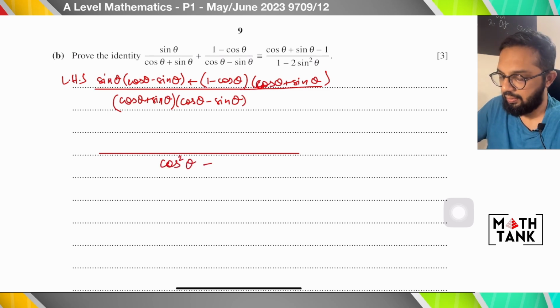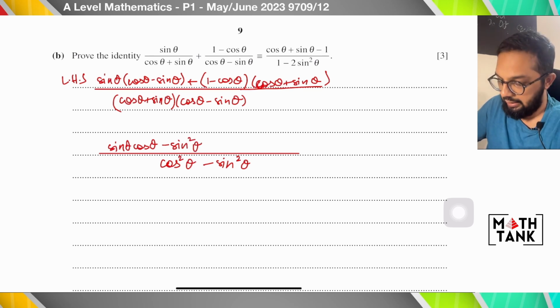So this becomes cos square theta minus sine square theta. I can see a square minus b square in the denominator. So sine theta cos theta minus sine square theta plus cos theta, 1 into cos theta, 1 into sine theta, and then minus cos square theta and minus cos theta sine theta.